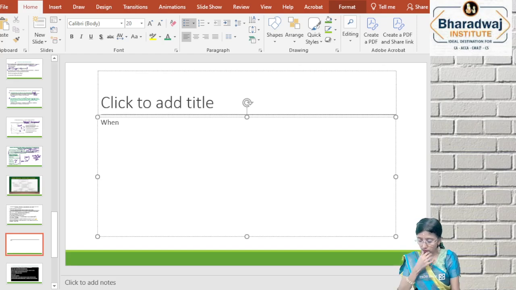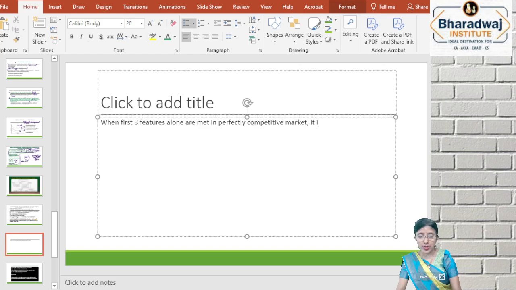When first three features alone are met in a perfectly competitive market, it is known as dash competition.